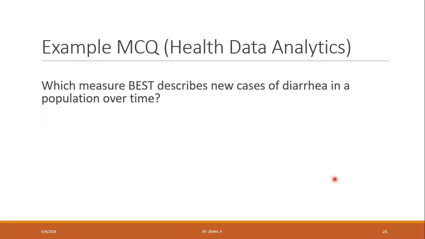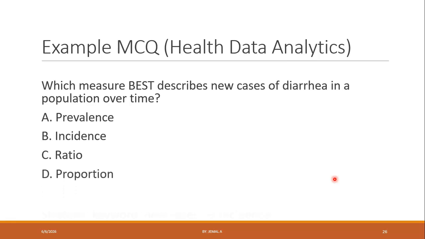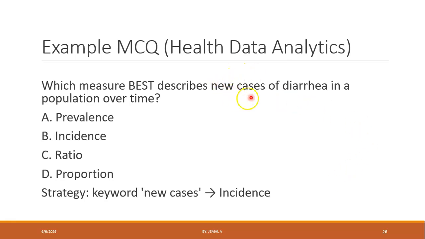For example, let us see this question stem: Which measure best describes new cases of diarrhea in a population over time? The first thing I have to do is keyword identification. Here, the keyword is new cases.